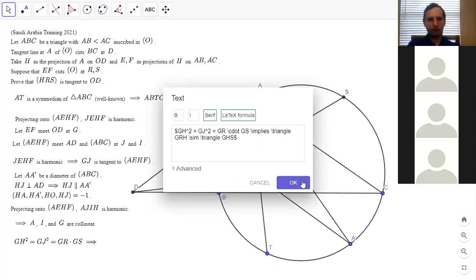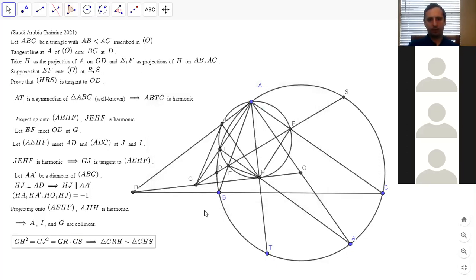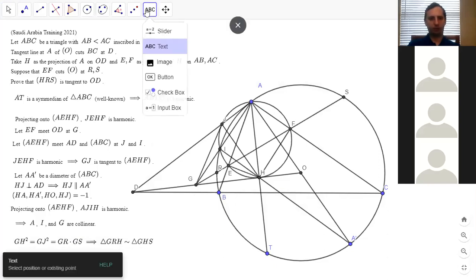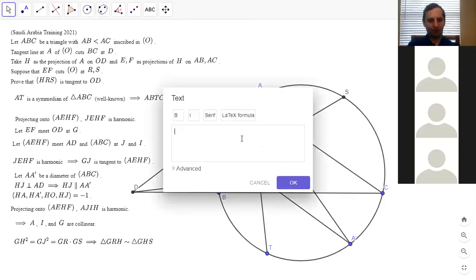And so that implies that the circle HRS is tangent to GH, which is the same line as OD. All right. I like it. Yeah, that's a nice way to finish it.